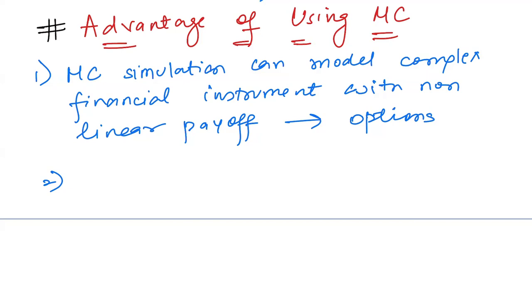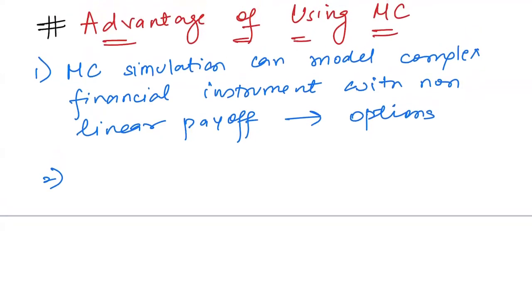If you look at the COVID period, the year 2020, there were times when the returns did not follow a normal distribution. In such cases, Monte Carlo is generally used because it allows you to use an alternate distribution that can capture the behavior of the assets.